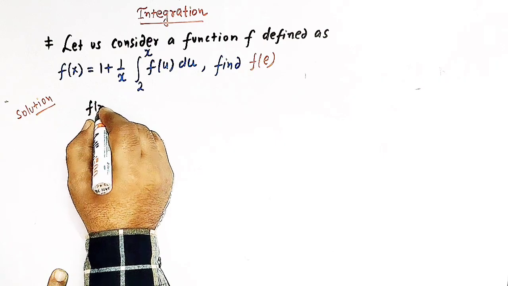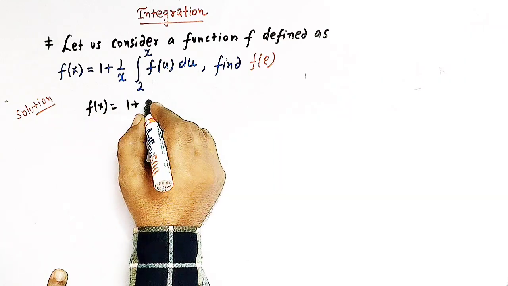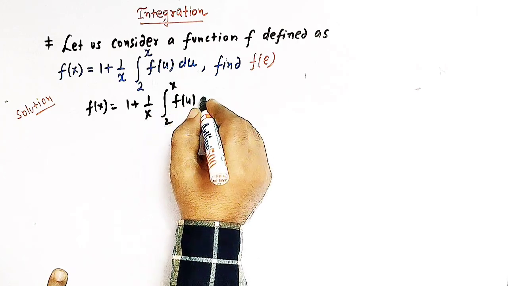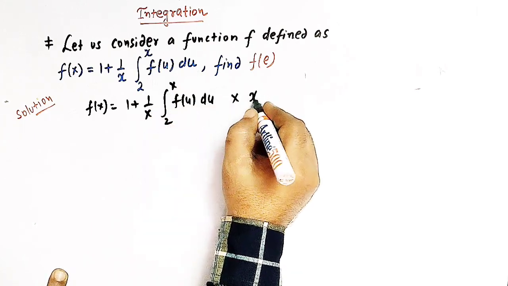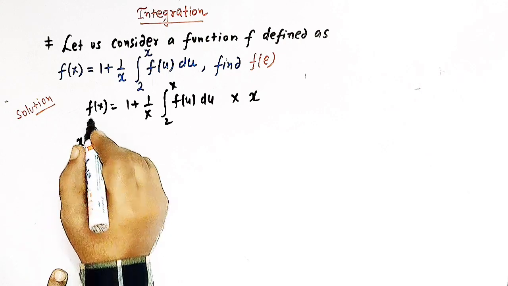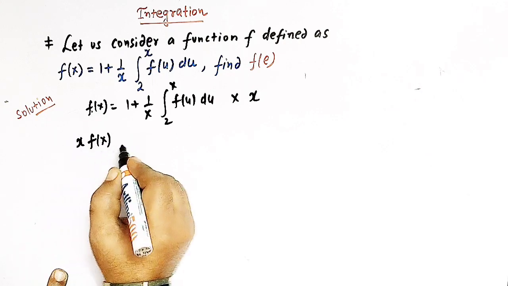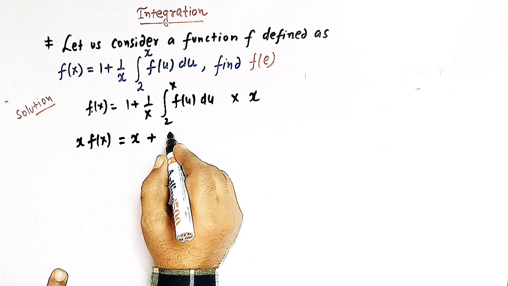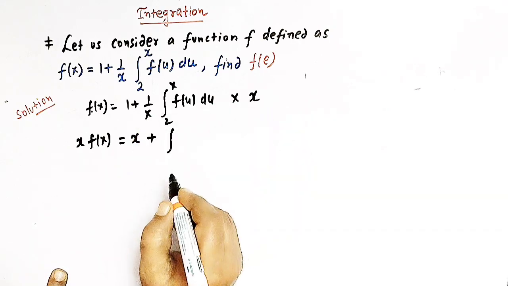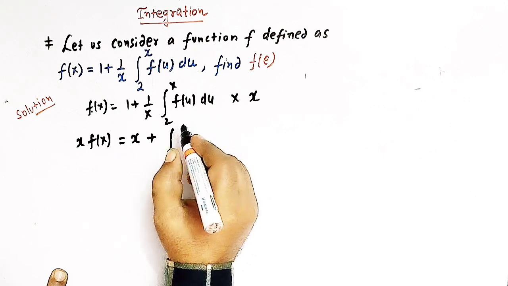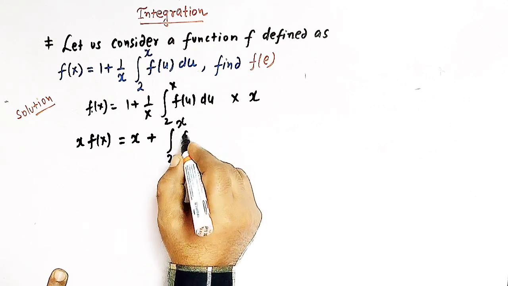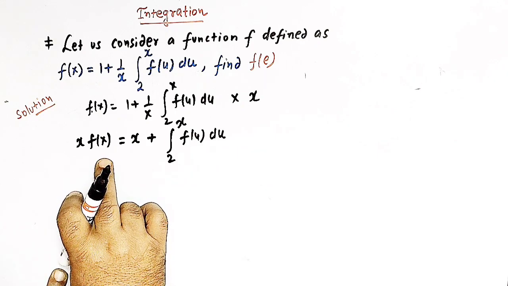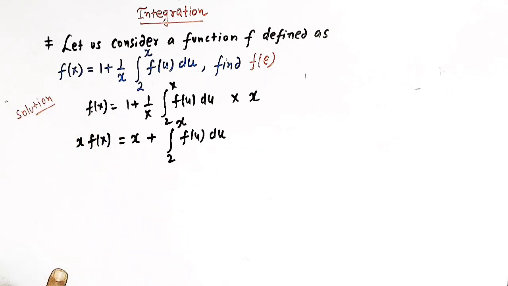So we have the equation f of x is equal to 1 plus 1 over x integral 2 to x f of u du. So let us multiply throughout by x. We will get here x times f of x, and here we will get x, and then here this x and this x get cancelled, so we have the integral from 2 to x of f of u du. So this is the first step in solving this equation.